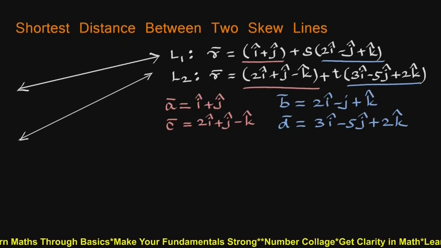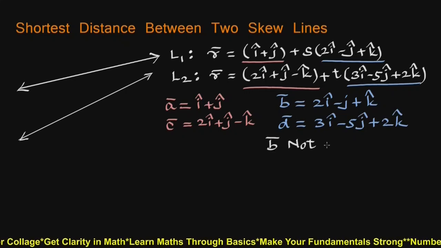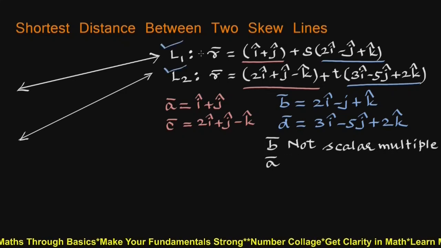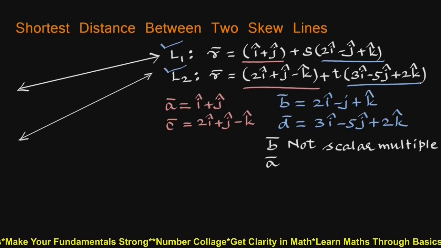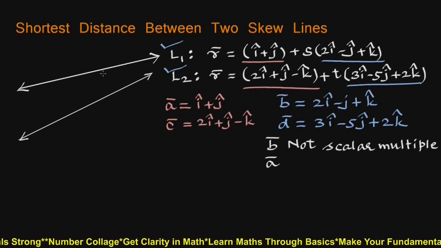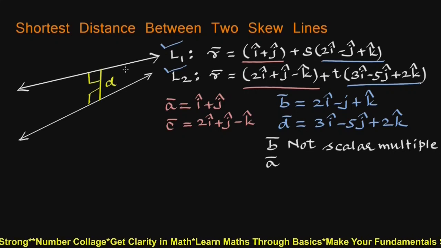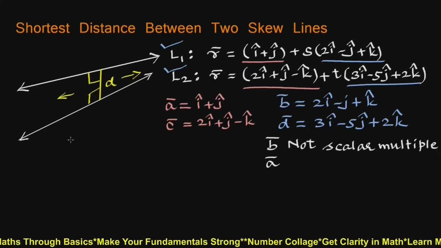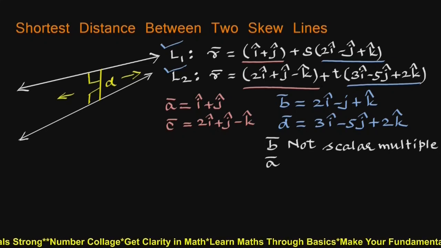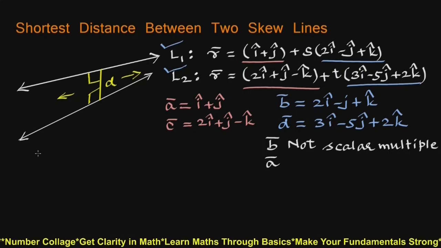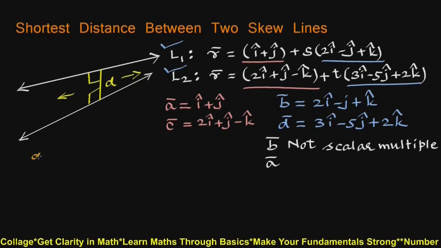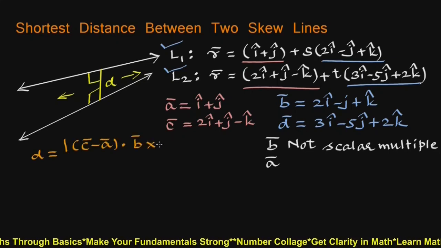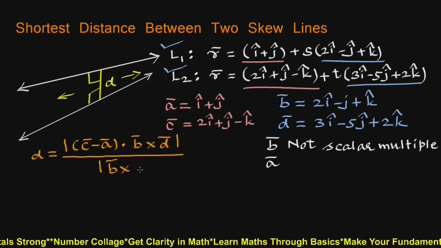Here we see that B bar is not a scalar multiple of D bar, therefore L1 and L2 are skew lines, and we have to find the shortest distance D between them, because away from the shortest distance, the distance diverges to infinity, and we have deduced a formula for this shortest distance D as mod C bar minus A bar dot B bar cross D bar upon mod B bar cross D bar.